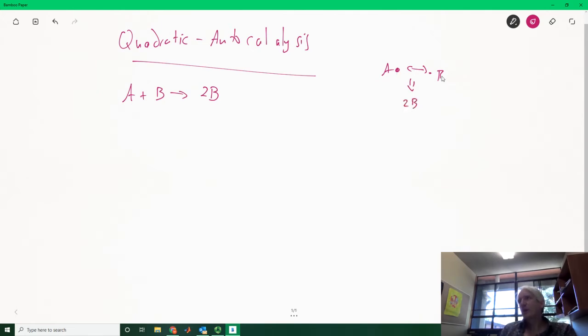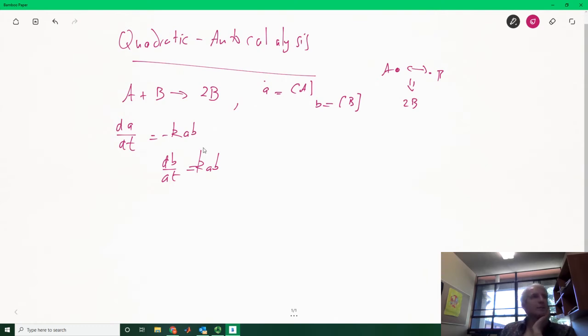As soon as the B concentration starts to rise, it makes more B, and then you get a runaway reaction converting all of the A to B. So as before, little a is the concentration of the species A, and B is the concentration of B. dA/dt is minus kAB, and dB/dt is equal to kAB.